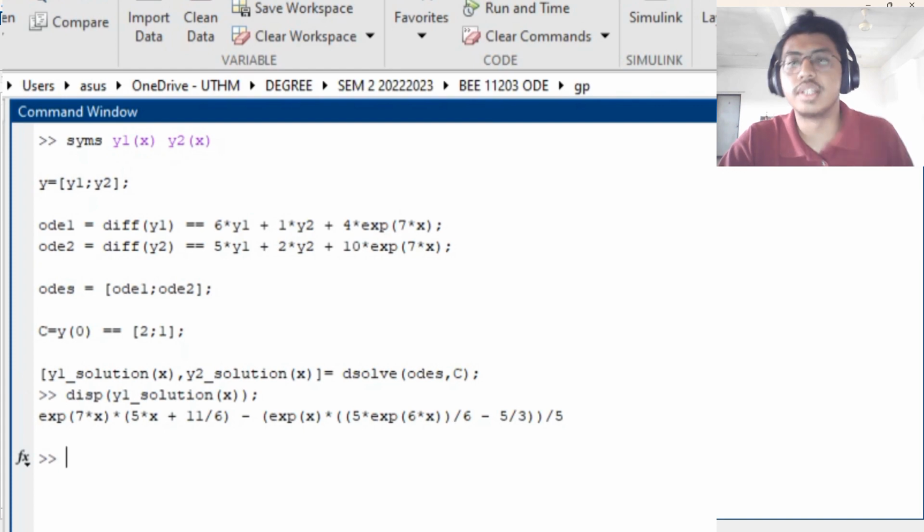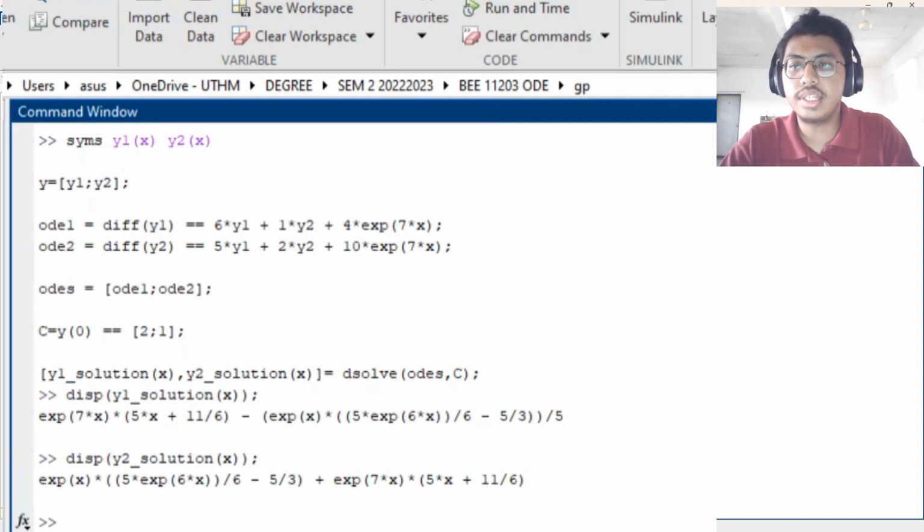Okay, so this is the answer for y1. Next, I will execute the display function to display the y2 solution. Don't forget the semicolon. Okay, so this is the y1 solution and the y2 solution of our calculations.